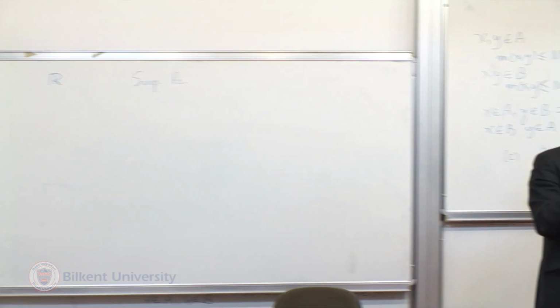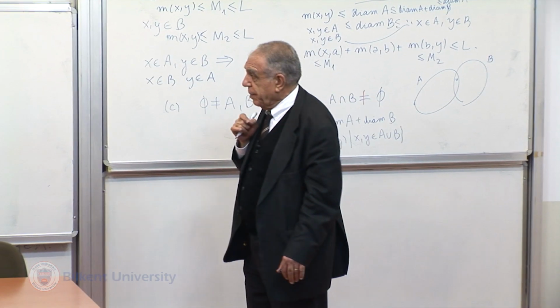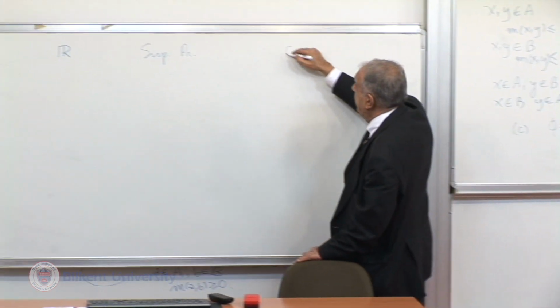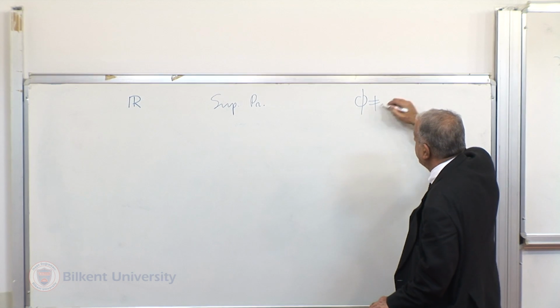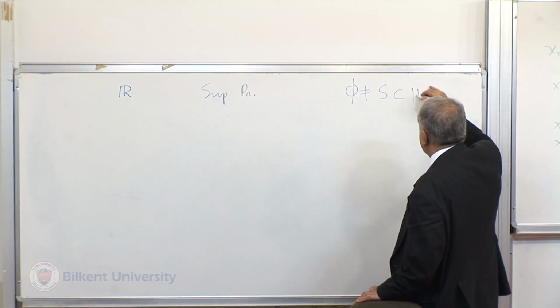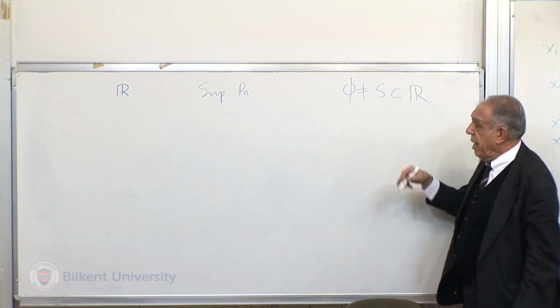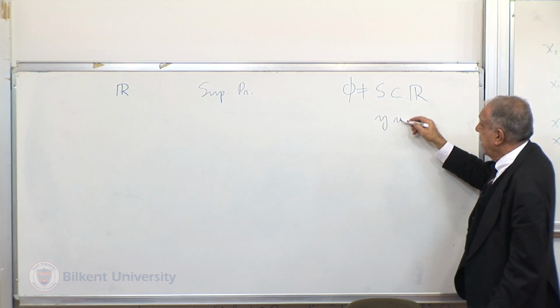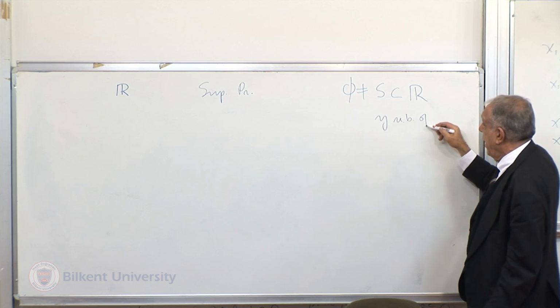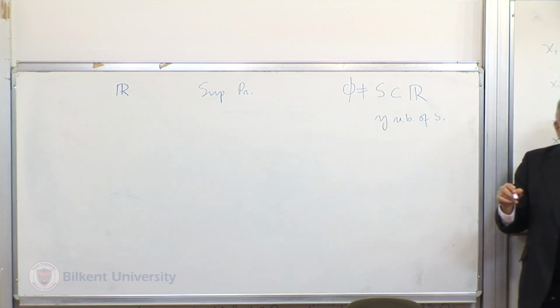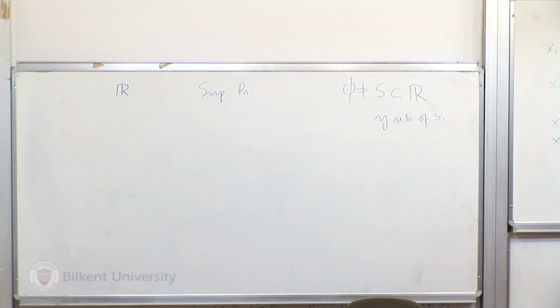And the first simple observation was, if you have some non-empty subset S of R, and Y an upper bound of S, Y turned out to be the supremum of S if and only if Y was arbitrarily close to S. That was our first observation.